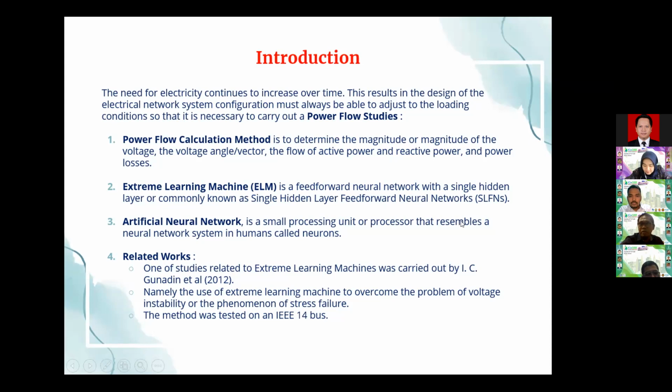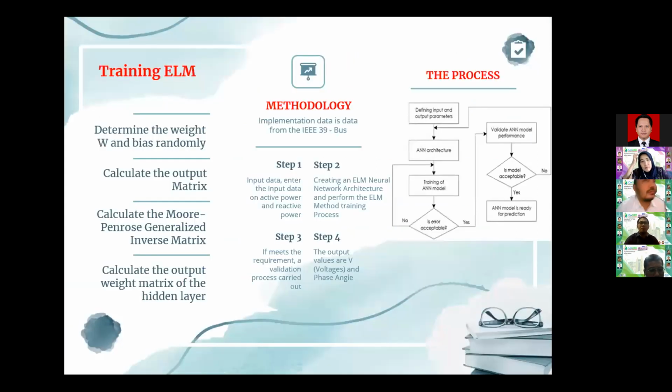The ANN, artificial neural network, is a small processing unit that resembles the neural network system in humans, with units called neurons. For related works, I use the study by Mr. Gunadi on the problem of voltage instability, and I use the IEEE 14 bus system for testing, as I am focused on that. The next slide is the method.